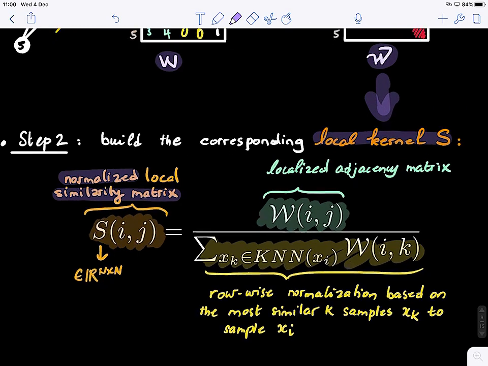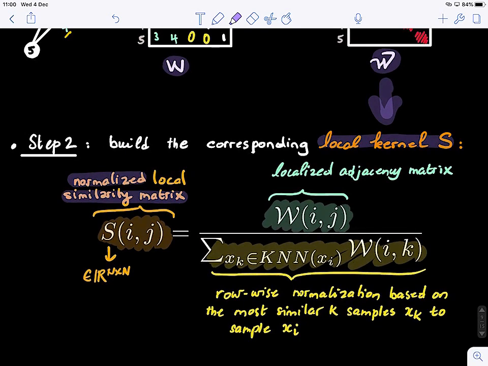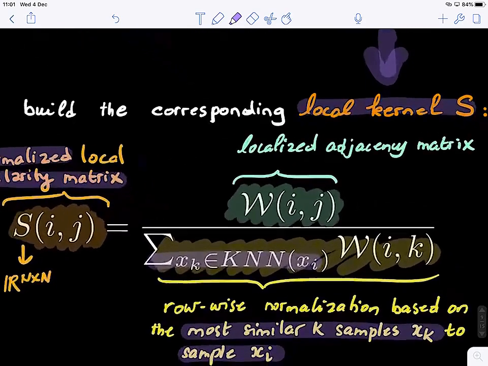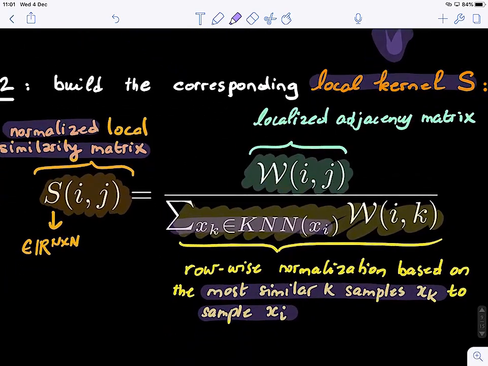Here, it's exactly the same definition as for P, but instead of averaging across all nodes, we do a row-wise normalization based on the K most similar samples x_k to sample x_i. So we only include those that are most similar to x_i and do the normalization. It's very simple.